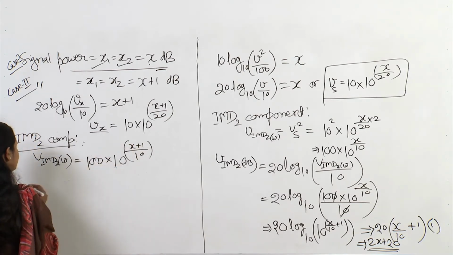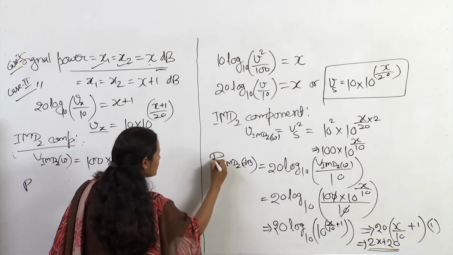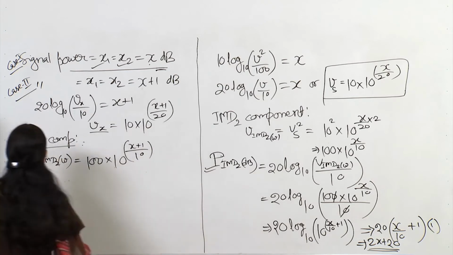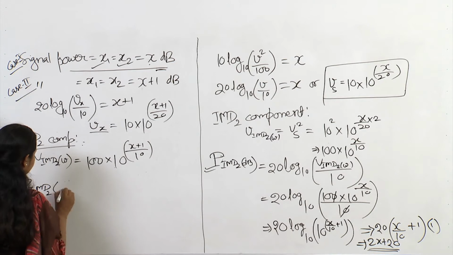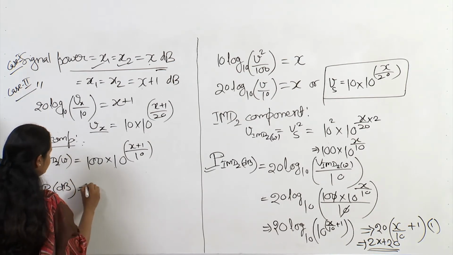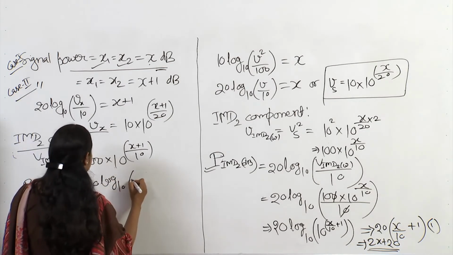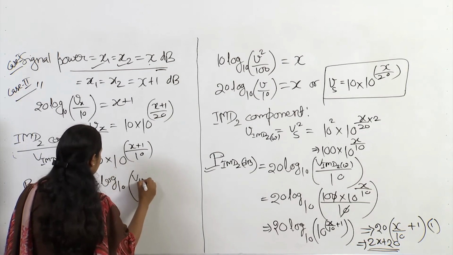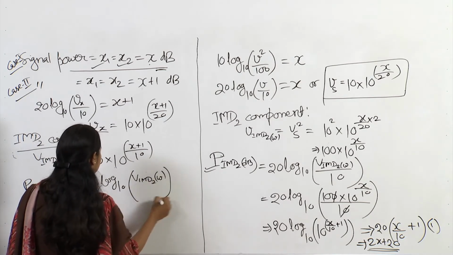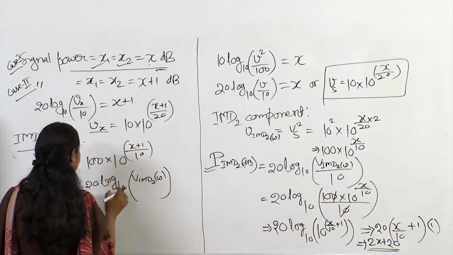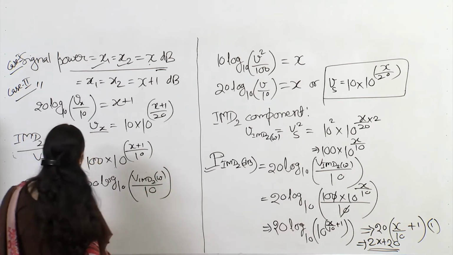Now, let us calculate the power for this one. Actually, this should be power also, because we are calculating power here, right. So, P IMD 2 dB should be 20 log 10 of V IMD 2, which has been converted, we should convert it back into our power, divided by 10.